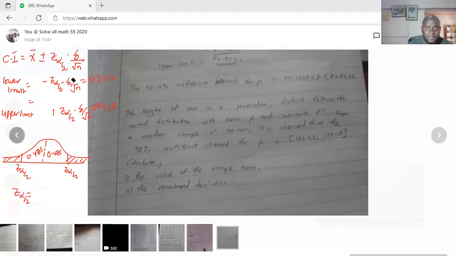You have to get in the nyama. Aisha? Aisha, you also. And let me look for another person. Elizabeth Magala, the value of Z alpha for 95% confidence.